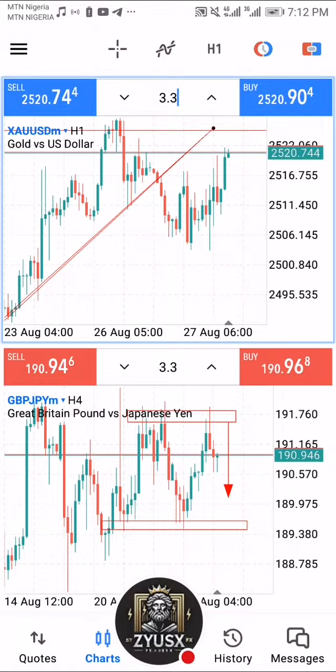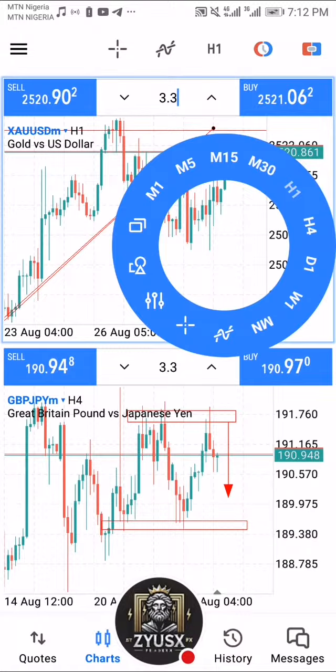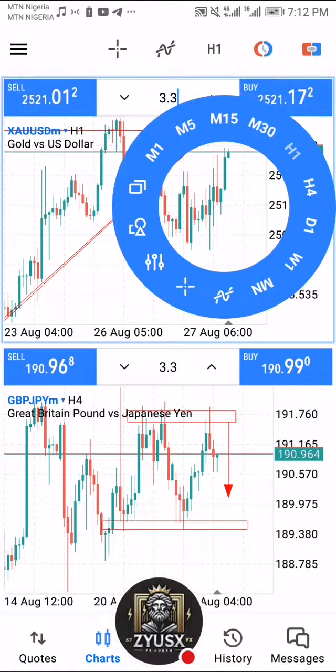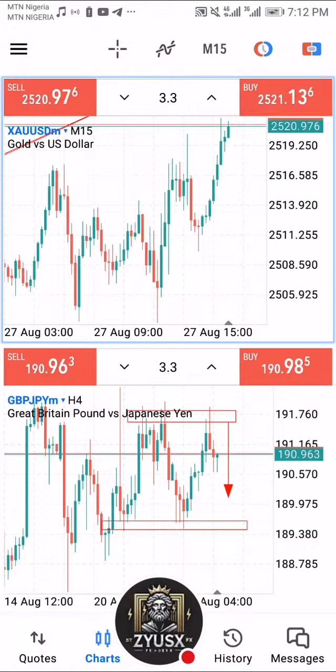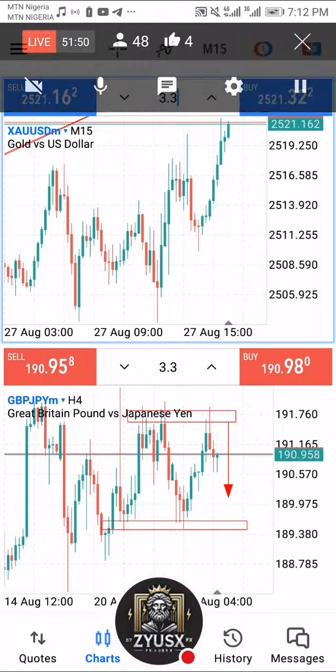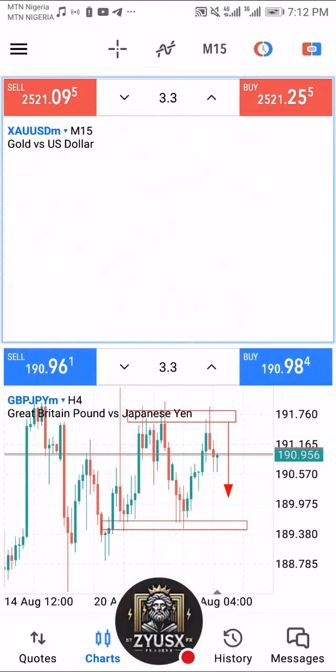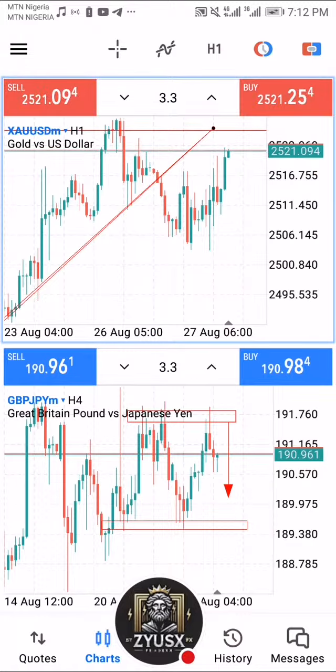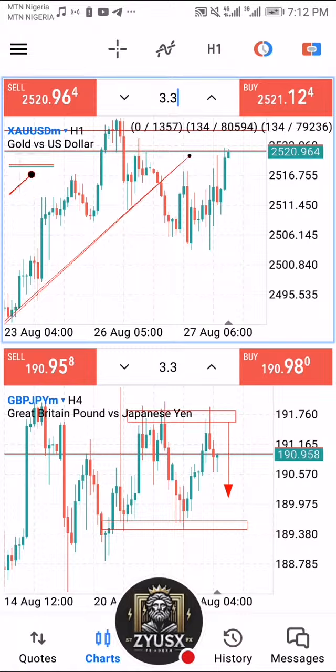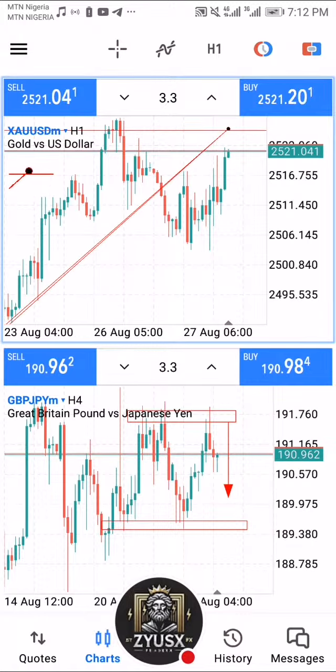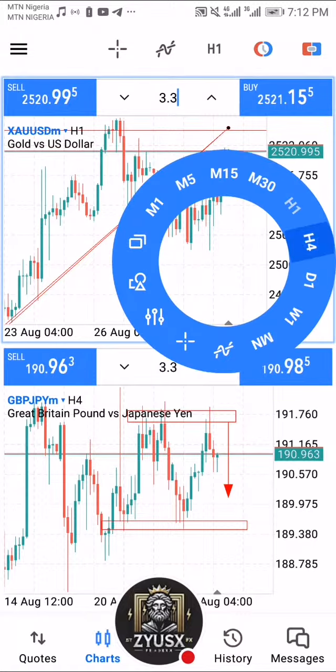Let's wait for price to get to that level first, and when price gets to that level, then we can scale down to our 15 minutes, which is our entry time frame, to see what's happening there, the behavior and the reaction of the candle. If the area is rejecting, or if the sellers are jumping back into the market.